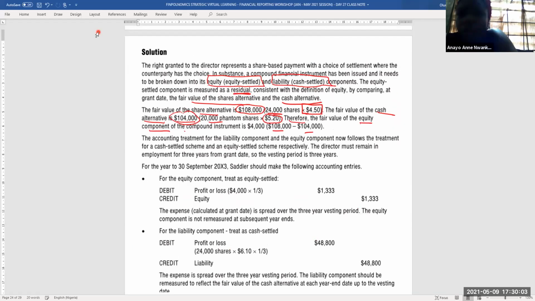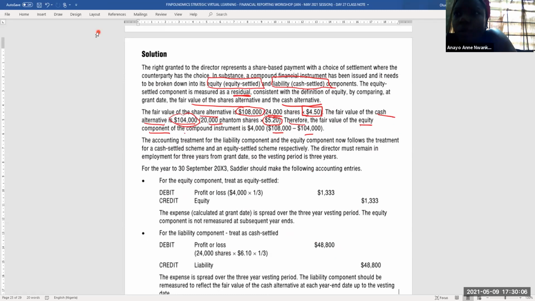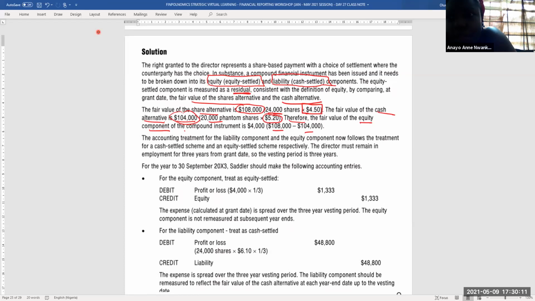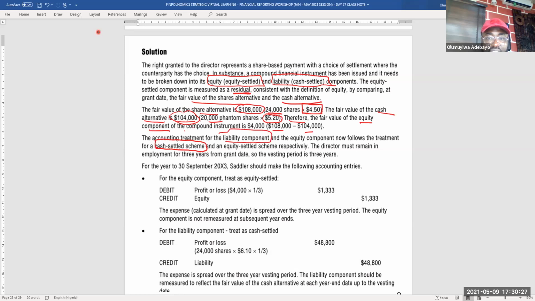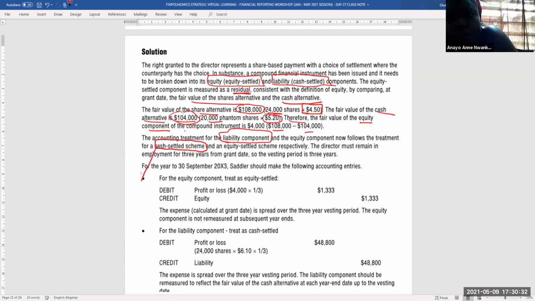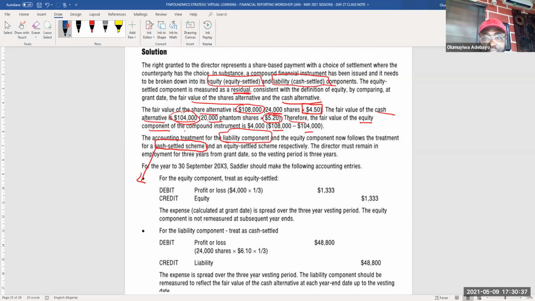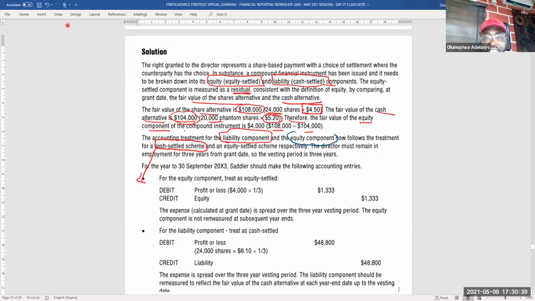Continue. The accounting treatment for the liability component and the equity component now follows the treatment for a cash settled scheme and an equity settled scheme, respectively. The liability component is accounted for going forward the same way we account for cash settled. Who can tell me the implication of that as opposed to equity?